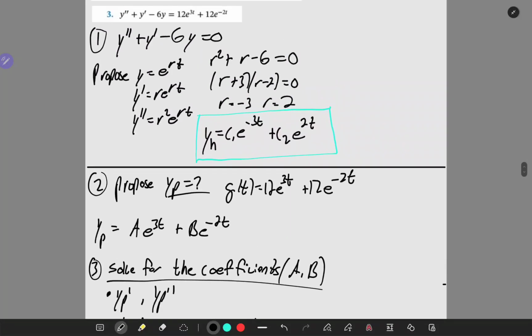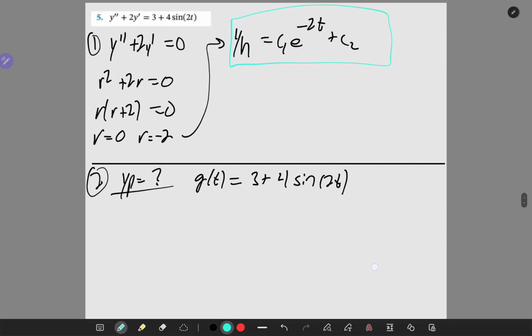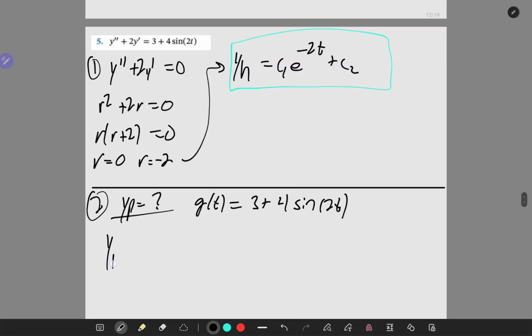When you propose, luckily we didn't need to do it for this one. But remember, you have to check, do any of these match any of these? And luckily for this one, they didn't, right? So I got lucky. We didn't have to multiply any t's in our y sub p. But for this one, well, let me propose our y sub p first.